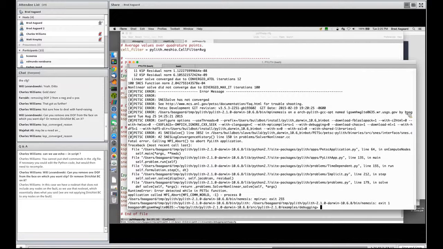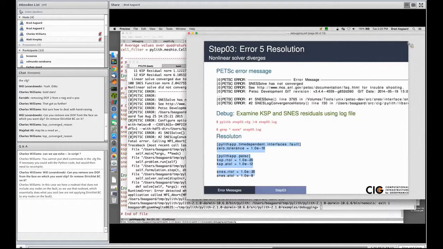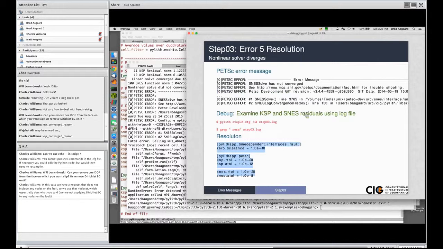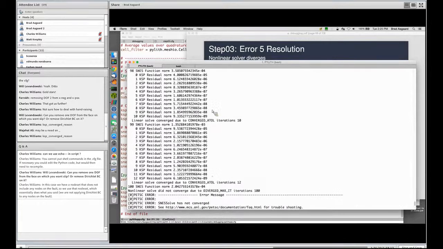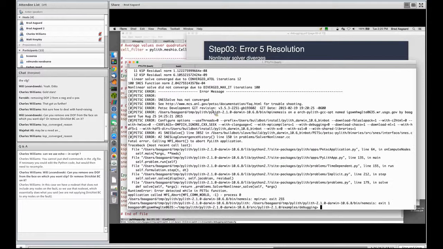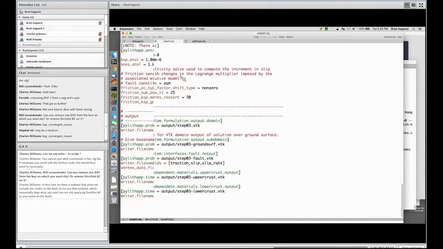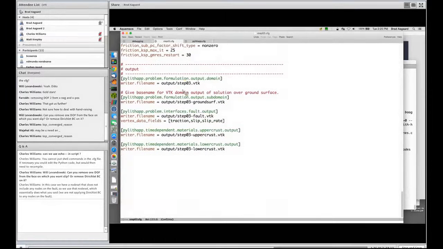This did not converge. I was expecting that to work, but it didn't. I did not appear to get any further.